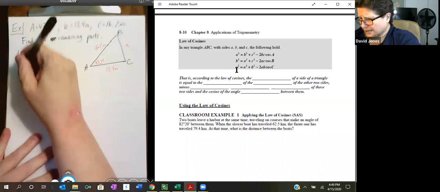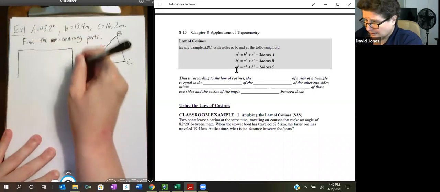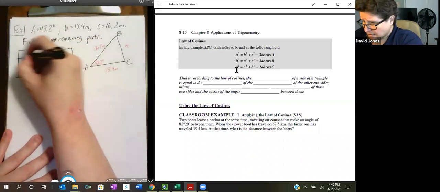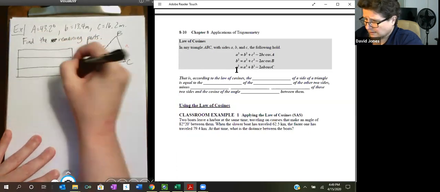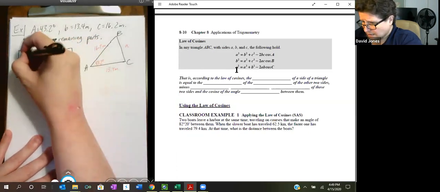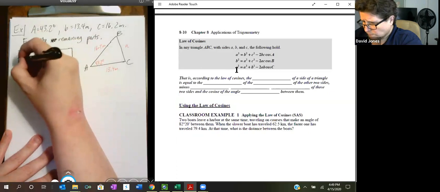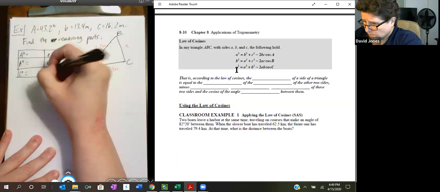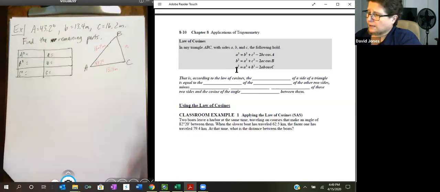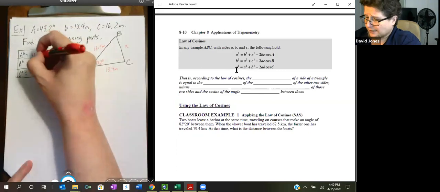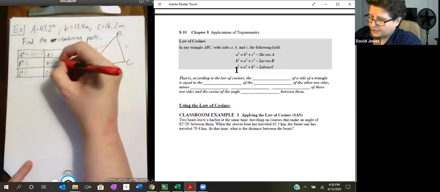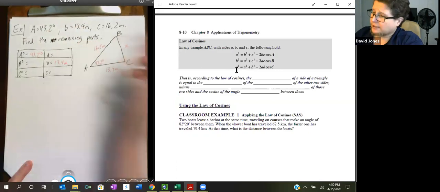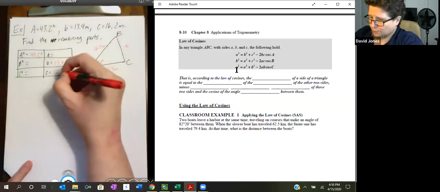I'm going to make my table so I can track my stuff. I have A is 43.2 degrees. B is 13.4 meters. C is 16.2 meters.